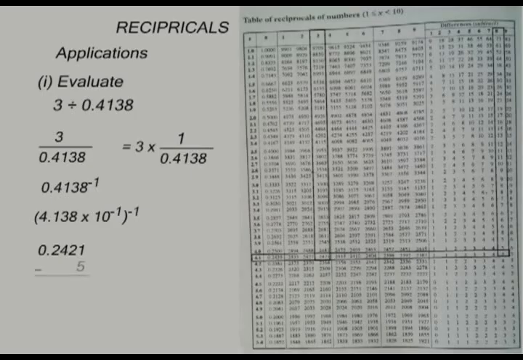When we subtract, we get 0.2416. Reciprocal of 10 raised to power negative 1 is simply 10 raised to power positive 1. So we have 0.2416 times 10 raised to power 1, or simply 2.416. And then we multiply this by 3, and we shall have 7.248.